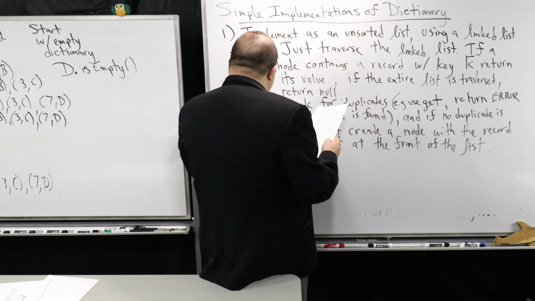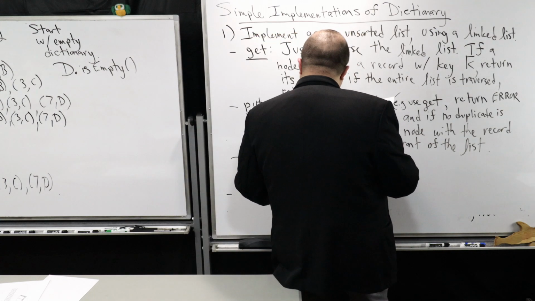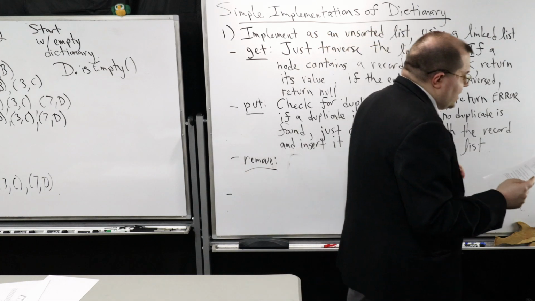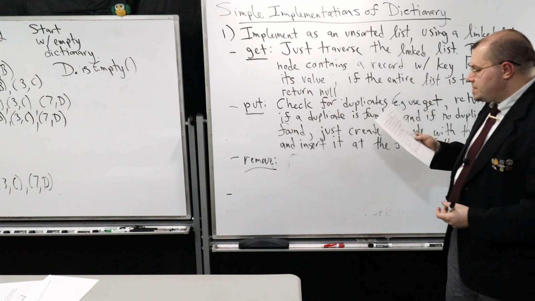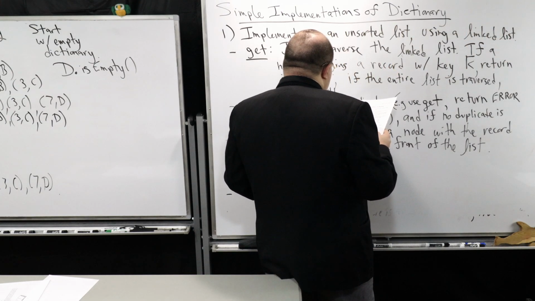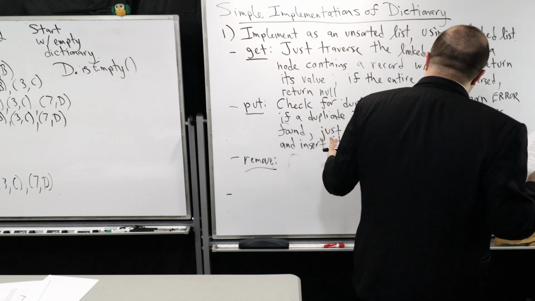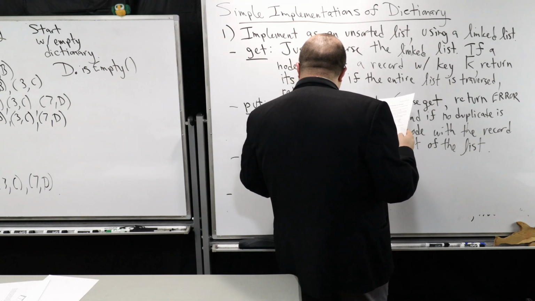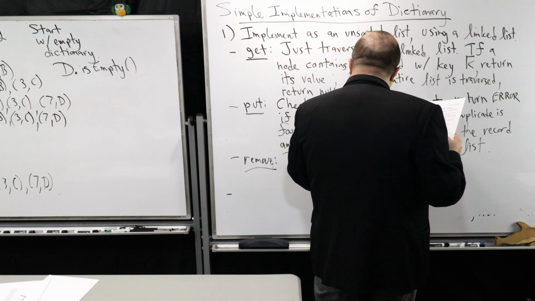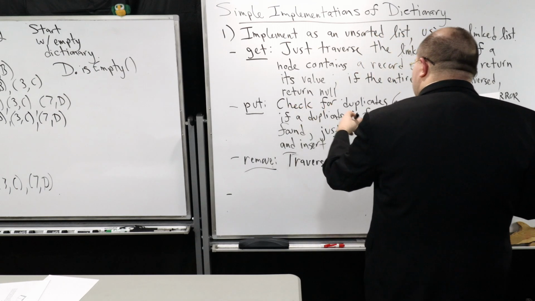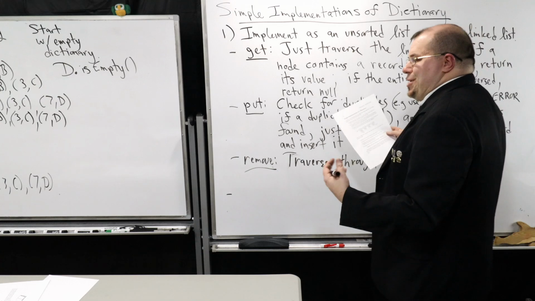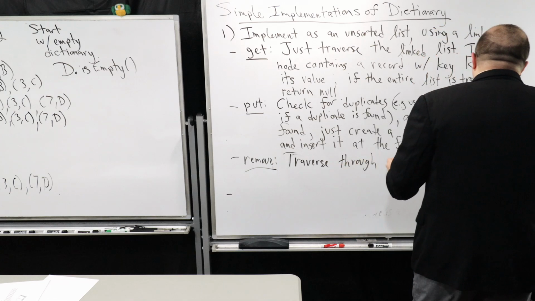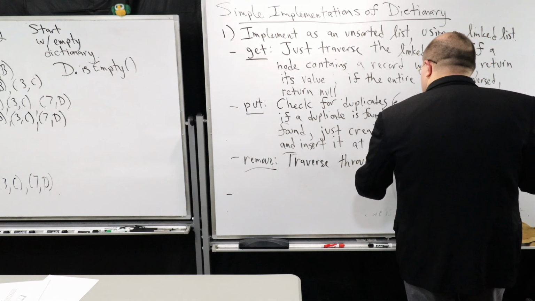So let's consider remove. So first you need to see if the record exists, right? So again, you can always just simply traverse through the linked list to see if the record exists with key K. So you can use the same idea I talked about earlier here. However, you'll notice that I still want to remove the record, so I'm just going to describe it this way. Traverse through the list.